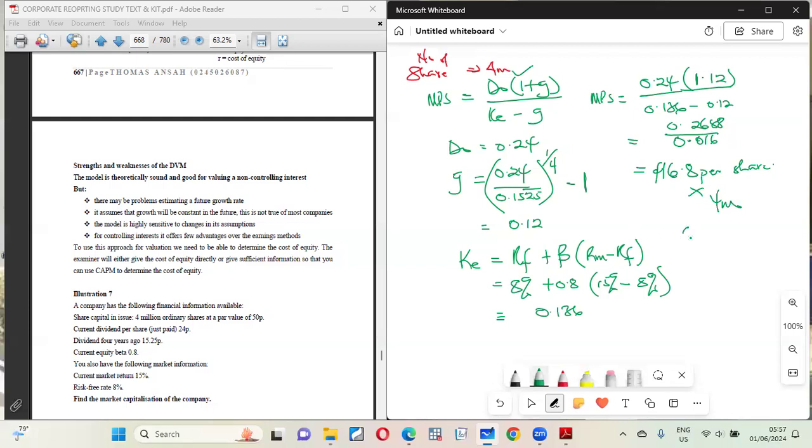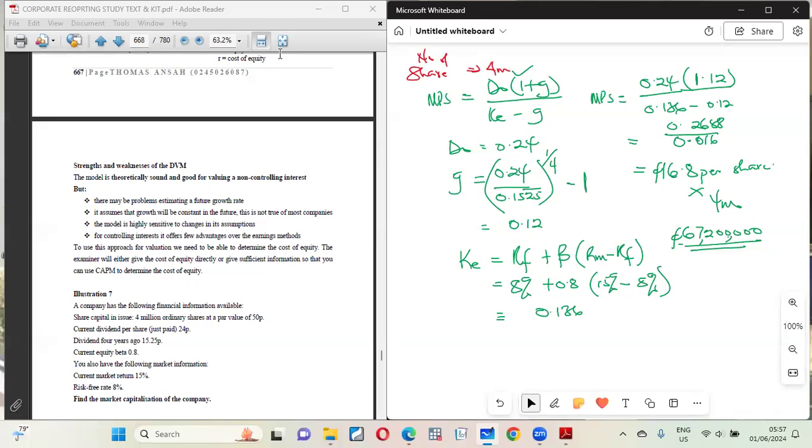And that gives me something like 67,200,000. So that is the total value of the business. All right, using this methodology, it's a systematic movement. You need to be very, very careful and cautious about how to derive your figures and plug them in. That is all.